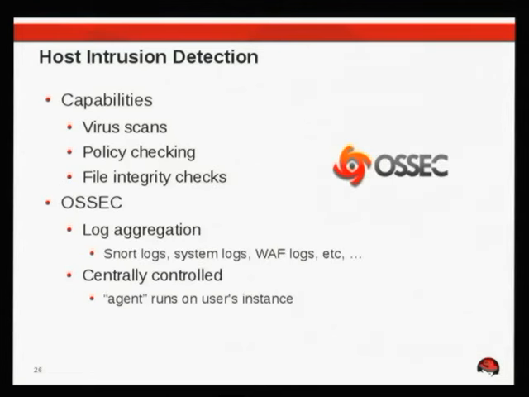Those are the sorts of things it can do. The open source HIDS, which is popular, is OSSEC, and it does those things that I just mentioned, and on top of that, it does something great for the administrator in a big distributed system, which is log aggregation.